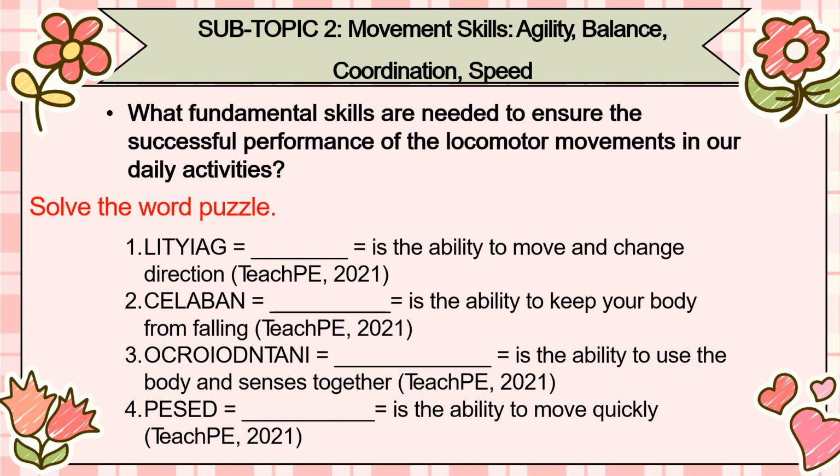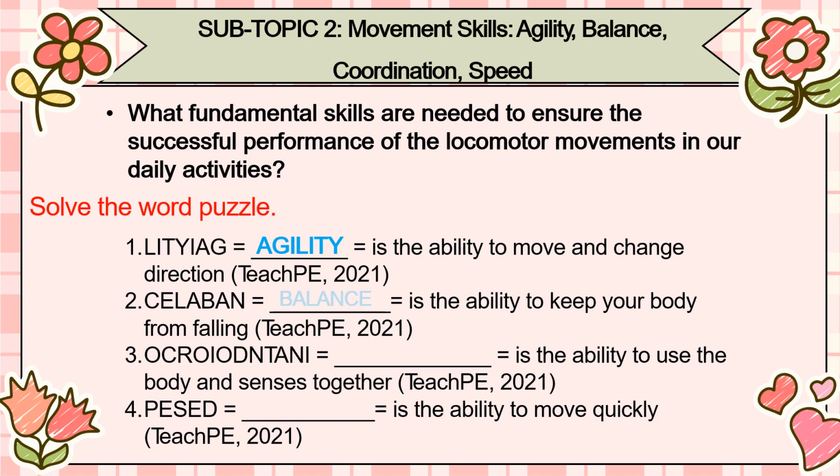Now, what are the fundamental skills needed to ensure the successful performance of the locomotor movements in our daily activities? Let's try to solve the word puzzle. Number 1, it is the ability to move and change direction. The correct answer is, very good, agility. Number 2, it is the ability to keep your body from falling.